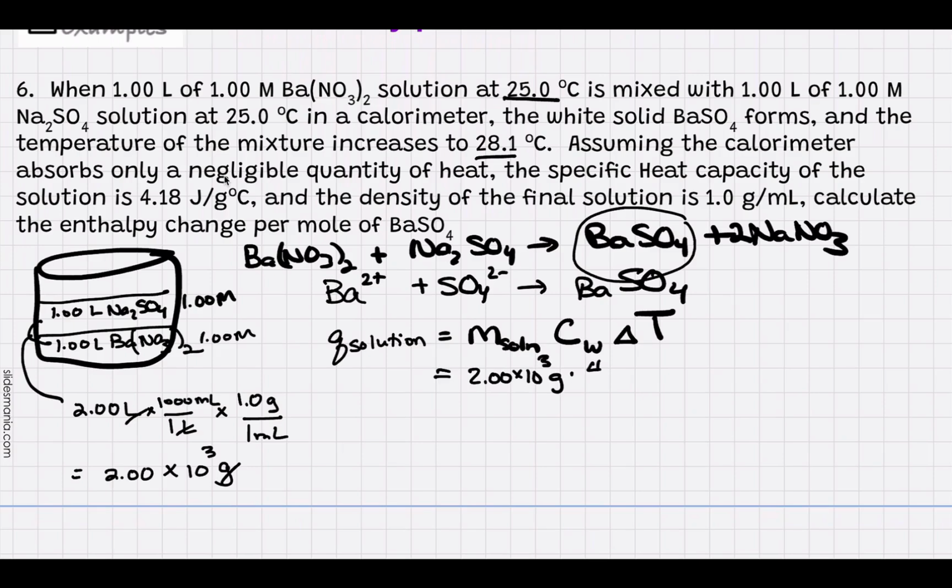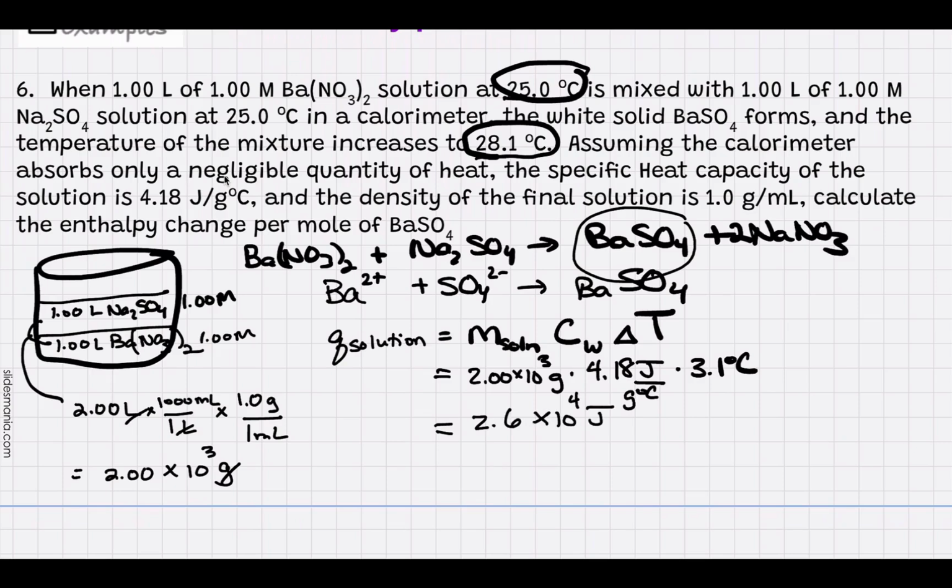And then, like I said, specific heat capacity of liquid water. And then our delta T is going to be 28.1 minus 25. So that's 3.1 degrees Celsius. So when I do that calculation, I end up with 2.6 times 10 to the 4th joules.